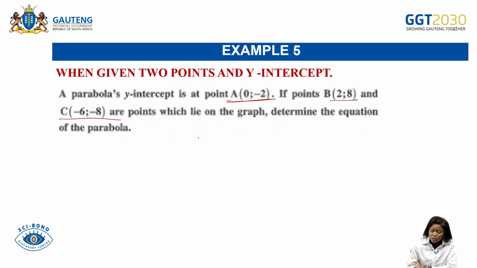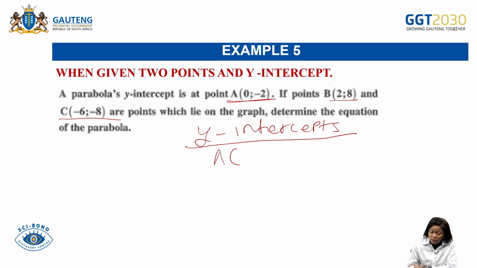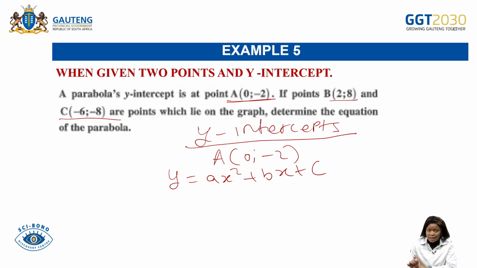So let's start with the y-intercept. Our y-intercept is given as (0, negative 2). So we substitute it into y equals ax squared plus bx plus c. Our y-intercept is just going to, the negative 2 is just your c, but let's just substitute nicely.